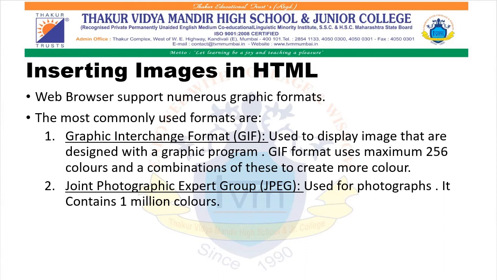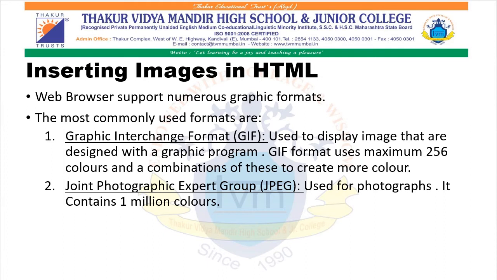Now the Graphics Interchange Format, that is GIF, is used to display images that are designed with a graphic program. The GIF format uses a maximum of 256 colors and a combination of these to create more colors.